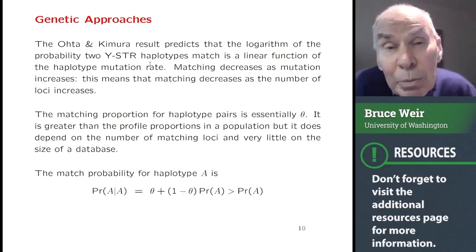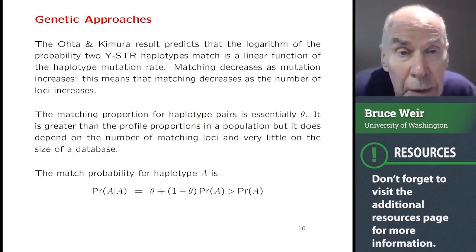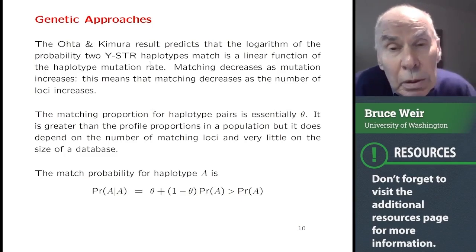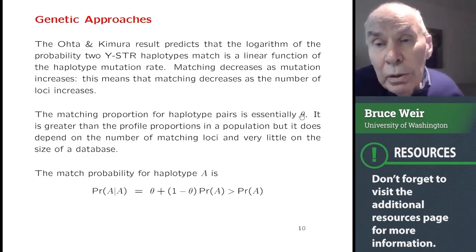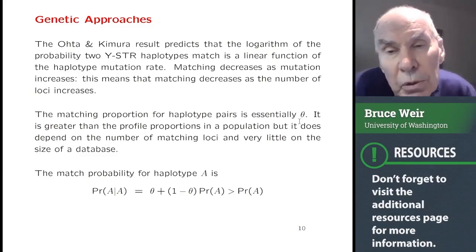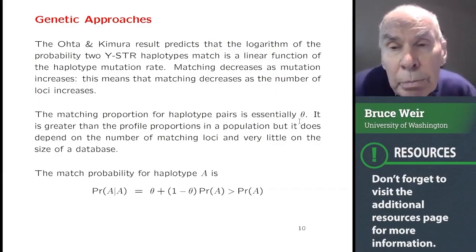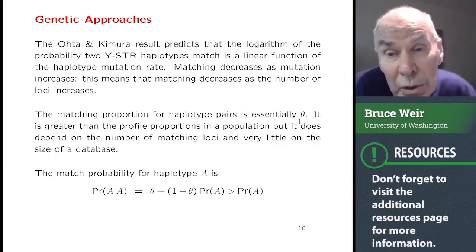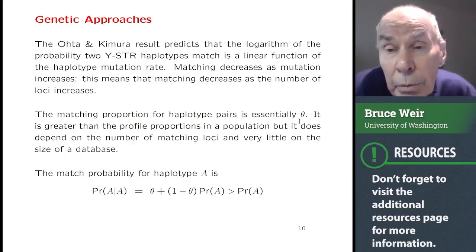So, in other words, the more loci there are, we can predict that there'll be less matching. This matching proportion, or what Ohta and Kimura called homozygosity, is essentially the quantity that we call theta in the forensic literature. This is often called the population structure parameter, but it's really the probability that two, in this case, two haplotypes are the same because of their descent from a common ancestor.